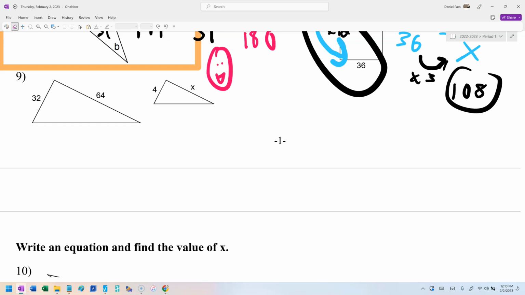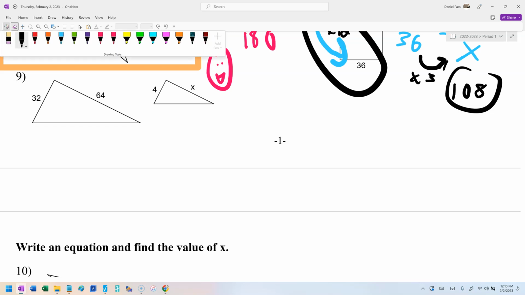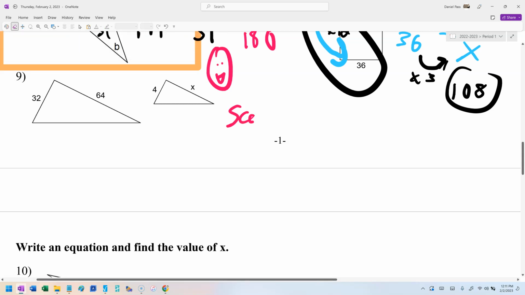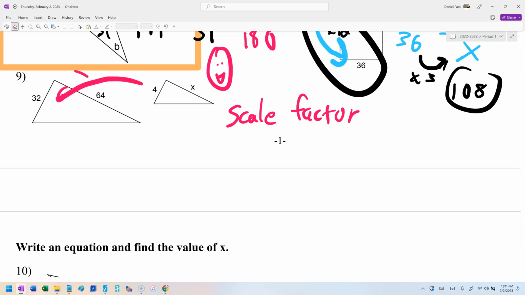The way I do this is at first I look for the scale factor. Can you do pink? Okay, so he looked for the scale factor. And what is the scale factor? In this situation, the scale factor is 8 because 4 times 8 is equal to 32.